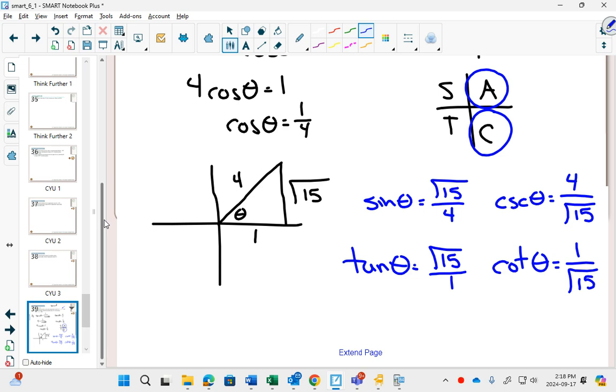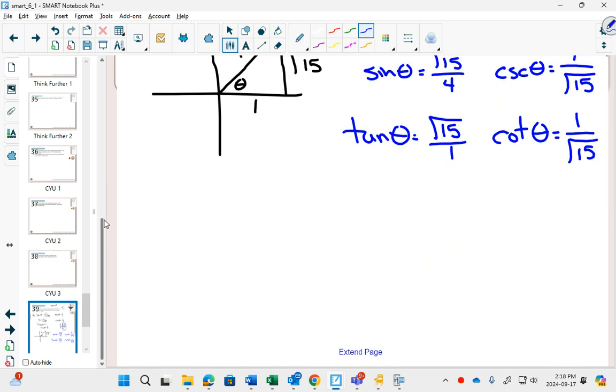Now part B of this question says we actually want to find theta, and we're going to look from negative 360 degrees to 360 degrees. So that will include quadrant 1, but you see that it would also include quadrant 4.